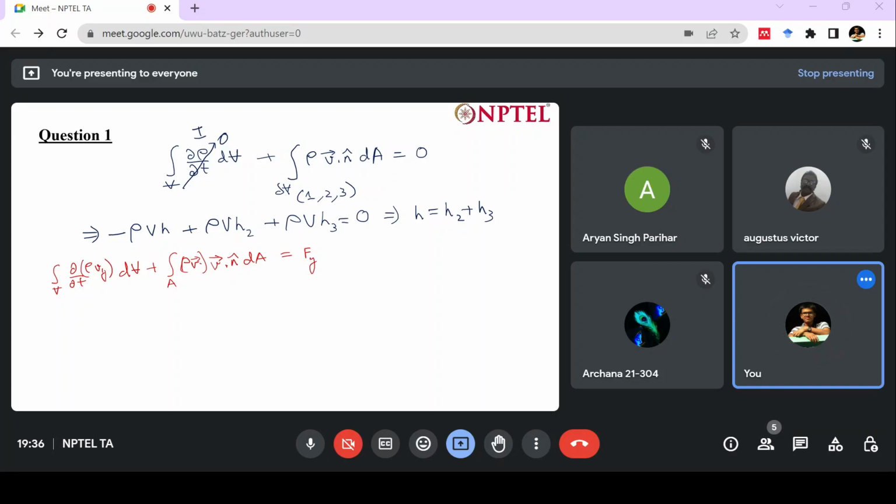It is 0, and this will not be affected because I am going on the y map. This force is 0. So this is equal to 0.